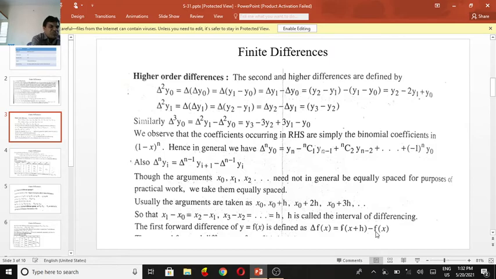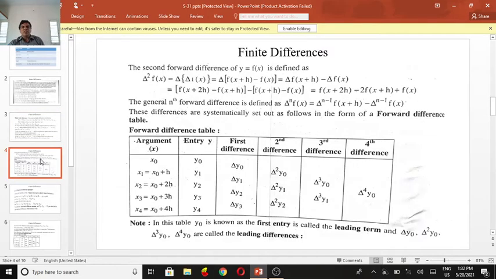So the forward difference of the function f of x is f of x plus h minus f of x. Now we come to the second forward difference, del square f of x. The second forward difference of y equal to f of x is defined as del square f of x, which we can write as del of del f of x.